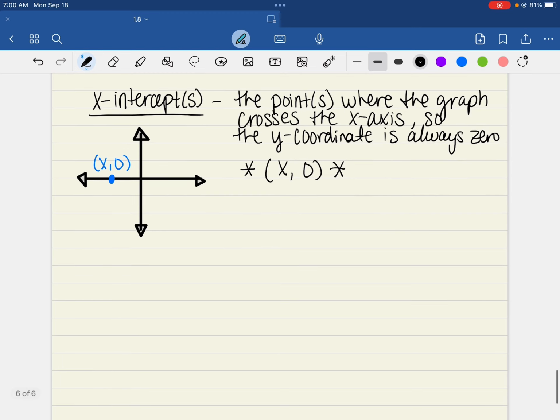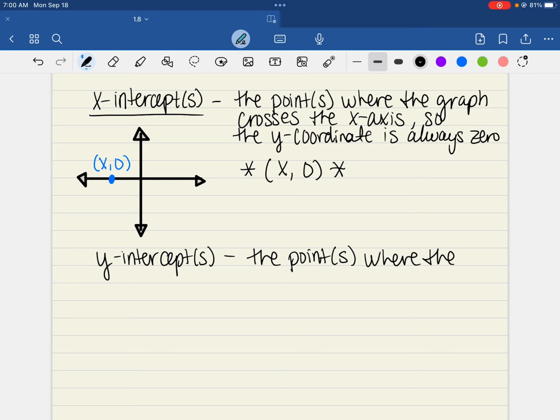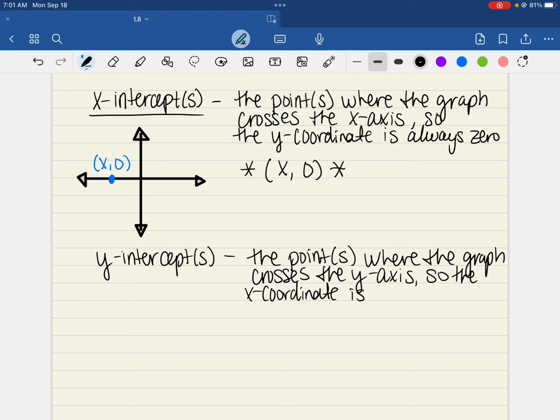Similar but different definition for y-intercept: the point or points where the graph crosses the y-axis, which in this scenario would mean the x-coordinate is always 0.